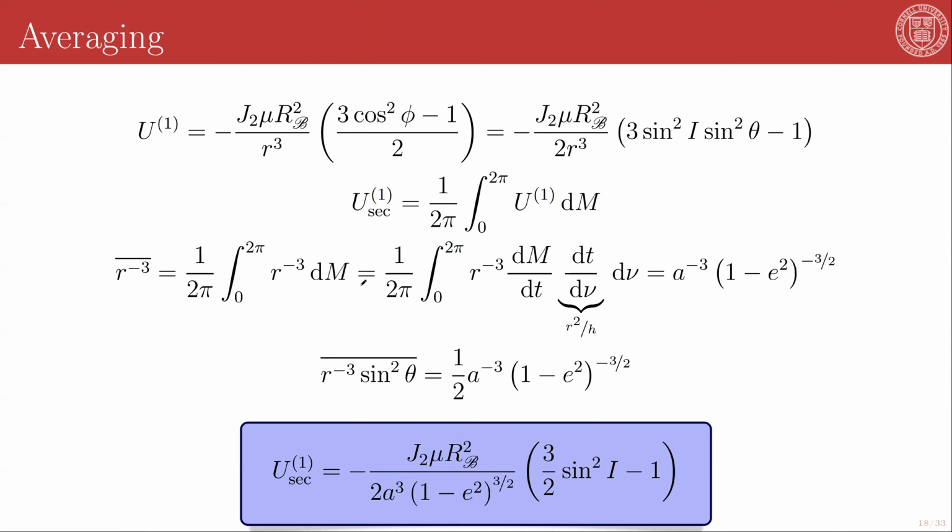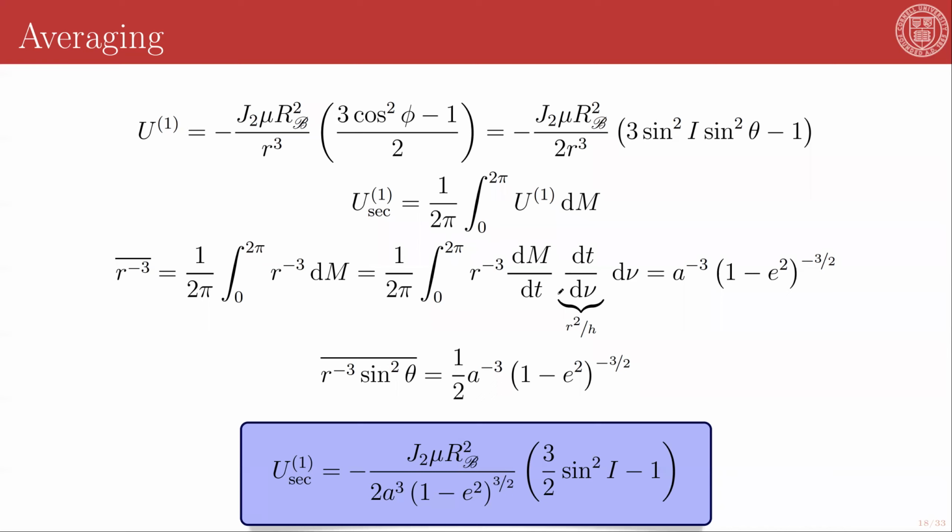We're going to change from an integral in mean anomaly to an integral in true anomaly, which has the same limits. And so we multiply this dM/dt by dt/d nu times d nu. You will recall that we've previously shown that nu dot is h over r squared, and so dt over d nu is r squared over h.